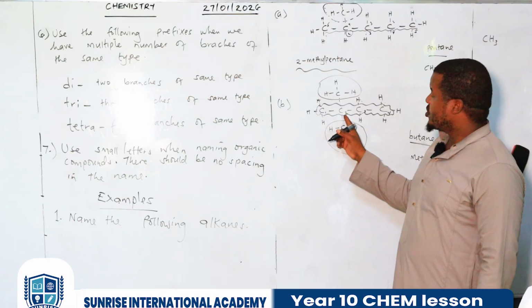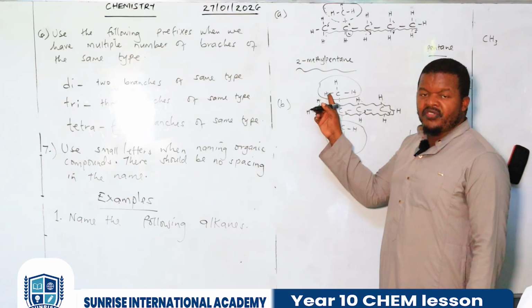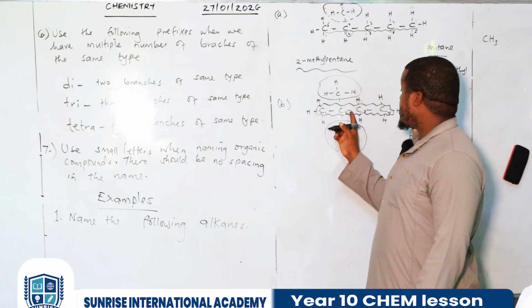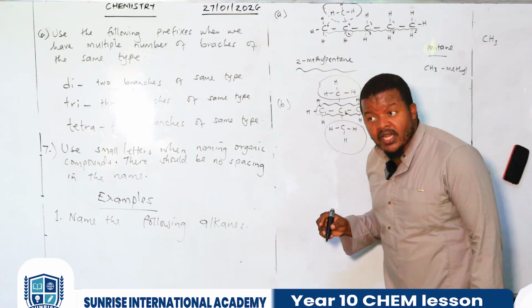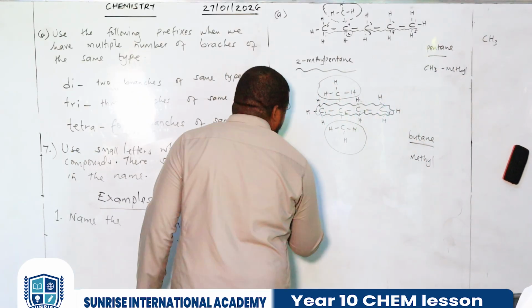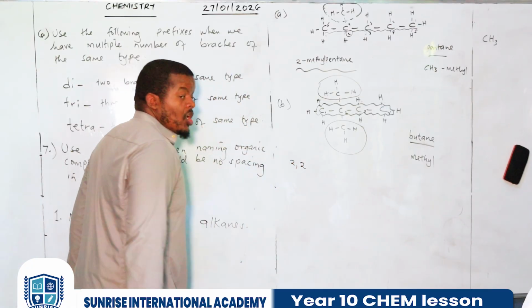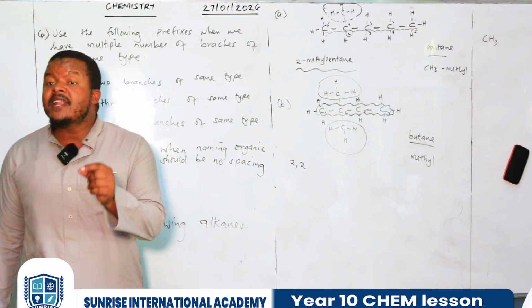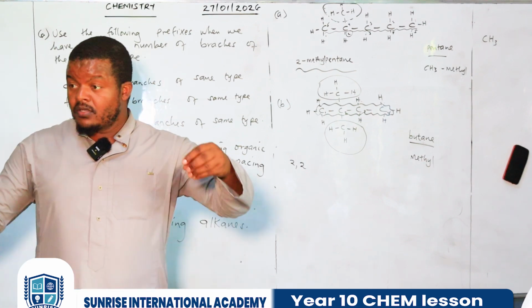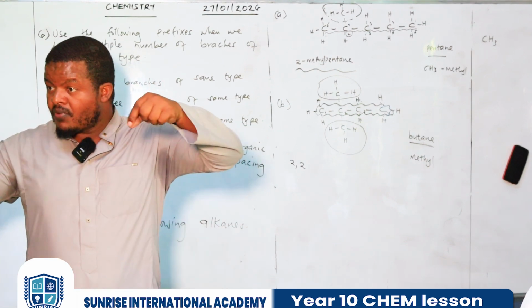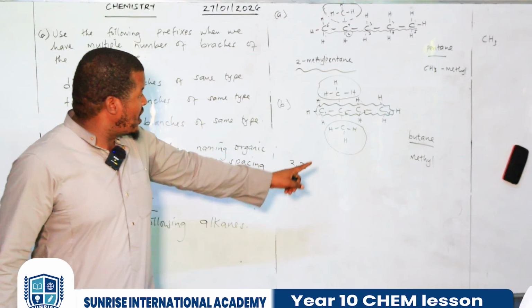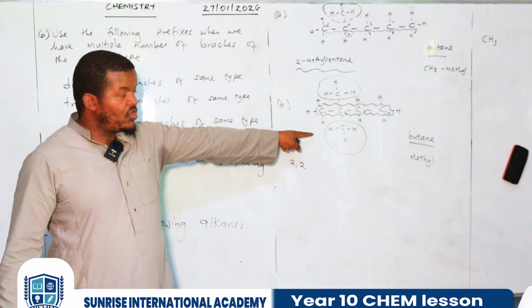1, 2. So at carbon number 2, we have a methyl. At carbon number 2 again, we have another methyl. So here is how you're going to do it. You're going to say 2, 2. You must state the numbers to which the branches have been attached. So at carbon number 2, we have a branch.